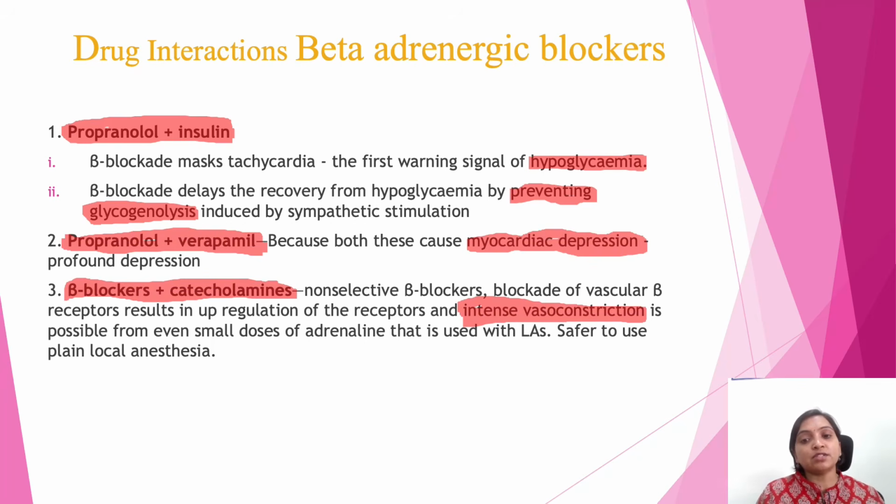Some amount, a very minute amount, even if it enters into the blood, can cause severe vasoconstriction, and that is why it should be avoided. If in case of these patients you want to give, it is always safer to give plain local anesthetics like only lignocaine.